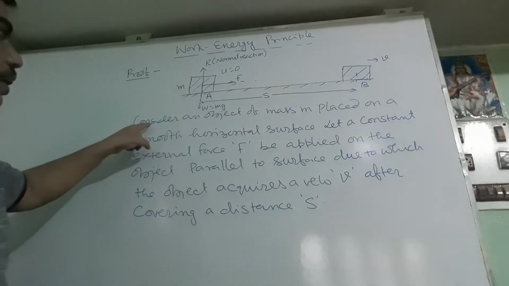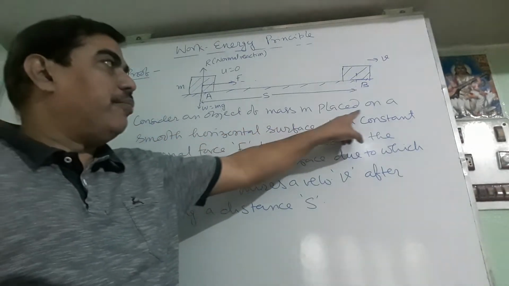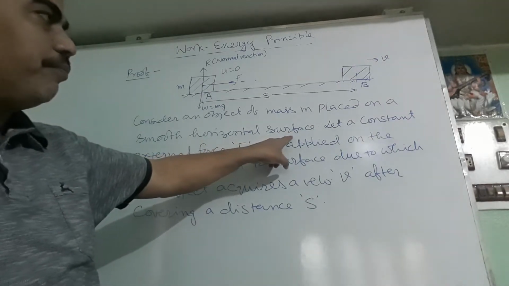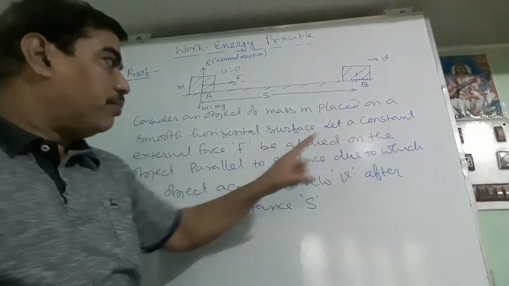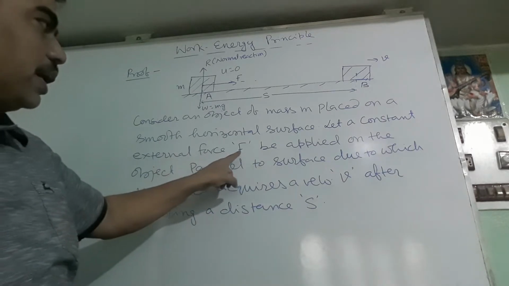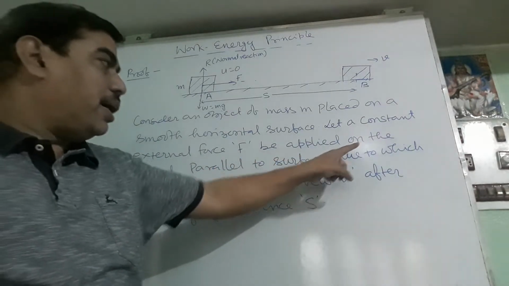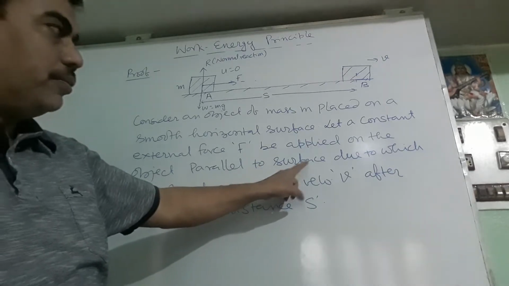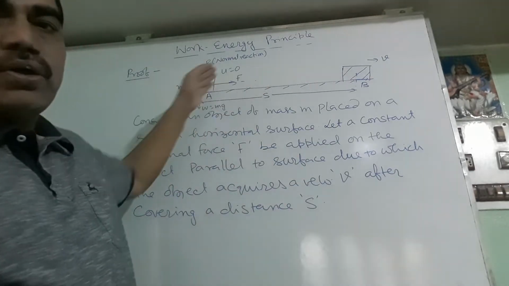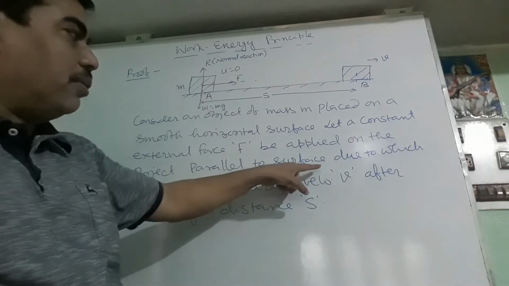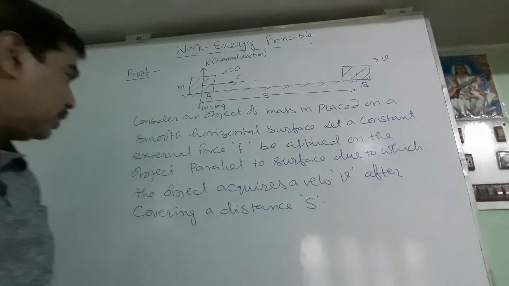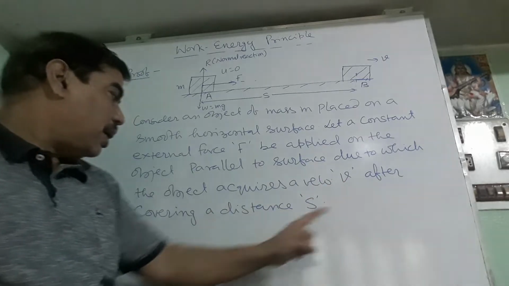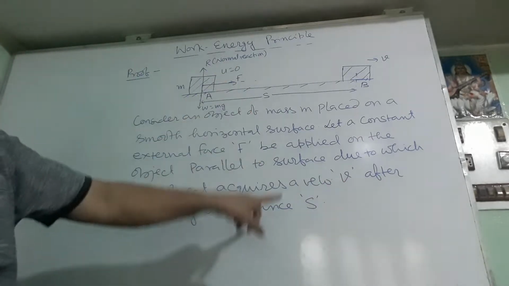So we have written here, consider an object of mass m placed on a smooth horizontal surface. Let a constant external force F be applied on the object parallel to the surface. It is applied this way, not inclined. Parallel to the surface, due to which the object acquires a velocity v after covering a distance s.